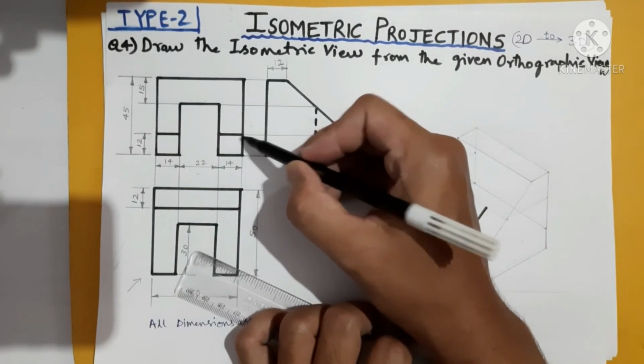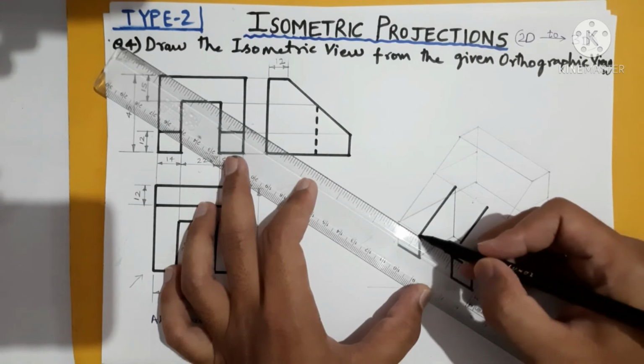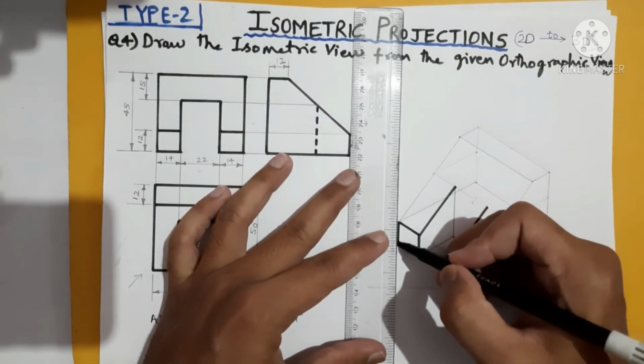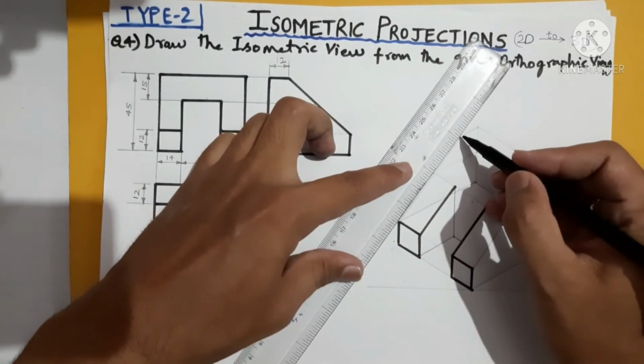Here the line is given in the front view, so we will also have a line over here. Whenever you are seeing an edge, here the material is going like this, then it is turning, so definitely an edge will come, so you can make it dark.